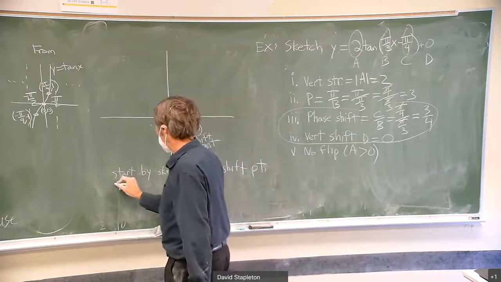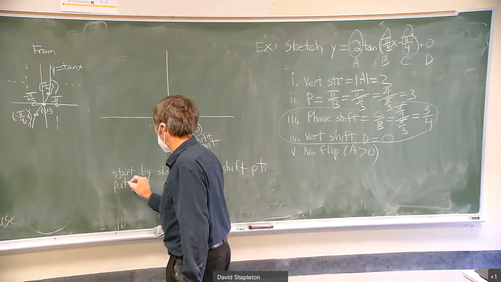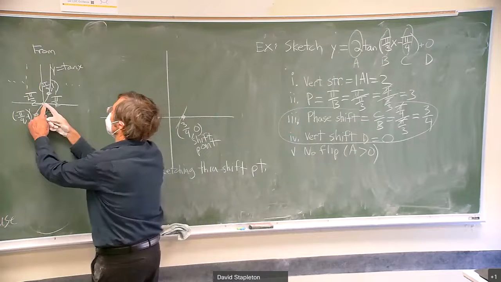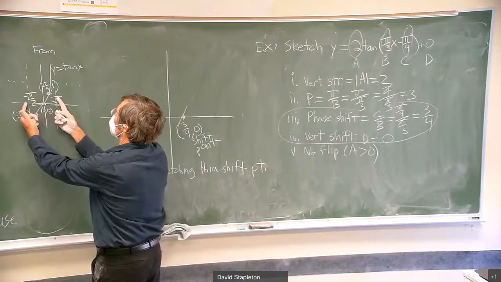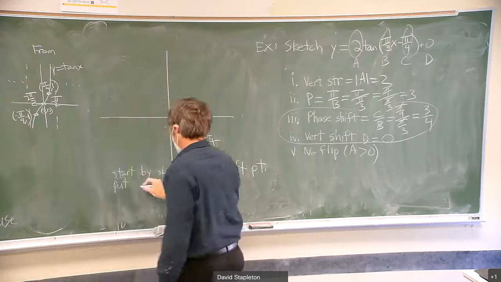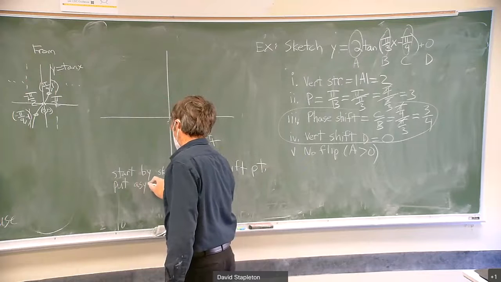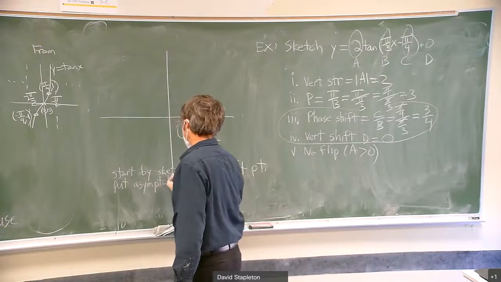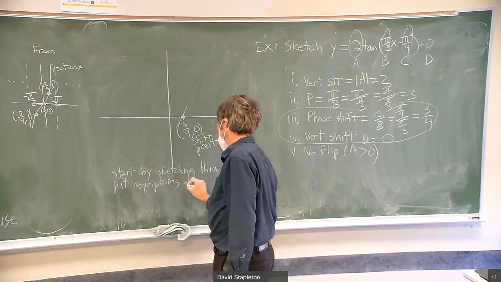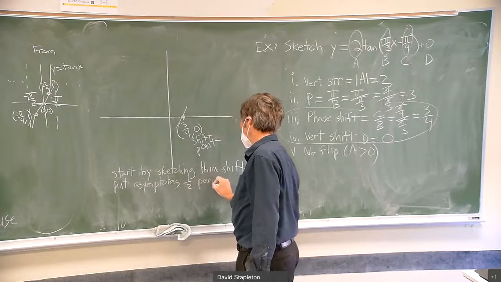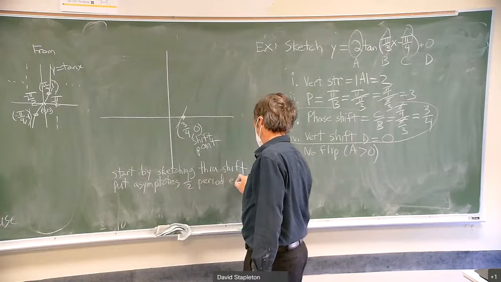Then put asymptotes 1/2 the period on each side. That's what we have in the regular tangent, right? The period is pi, and you go half a period each side and draw the asymptotes. Put asymptotes half period each side of the shift point.